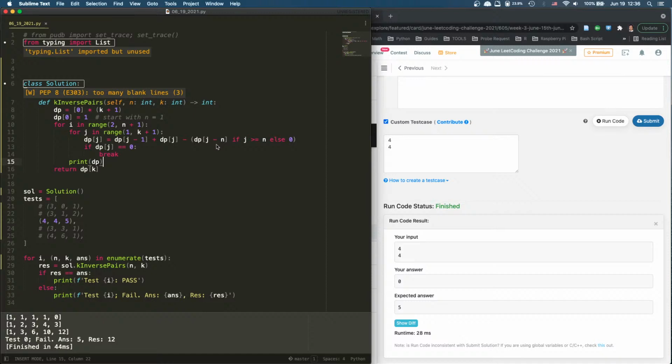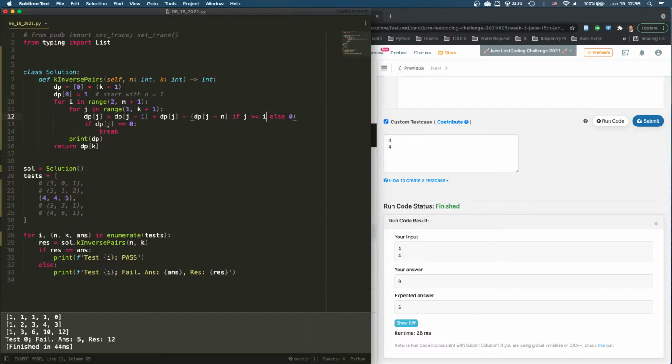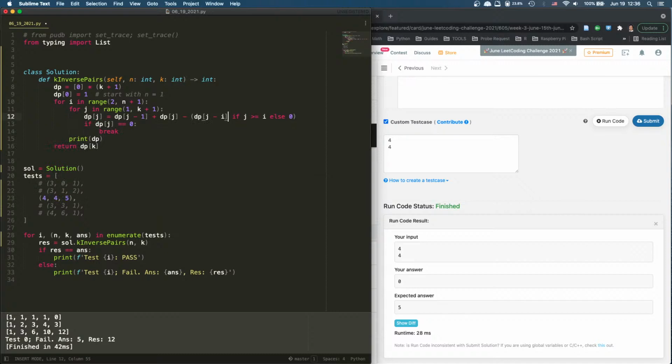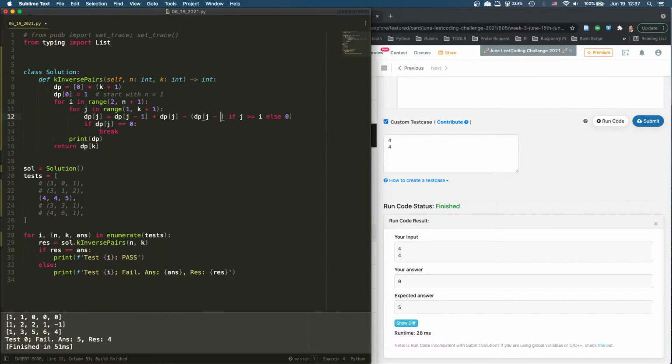Something is not right. If j is larger or equal to n, yeah, n is 2. Oh, it's not n, it's larger or equal to i. And that's also not j. No, that is n.